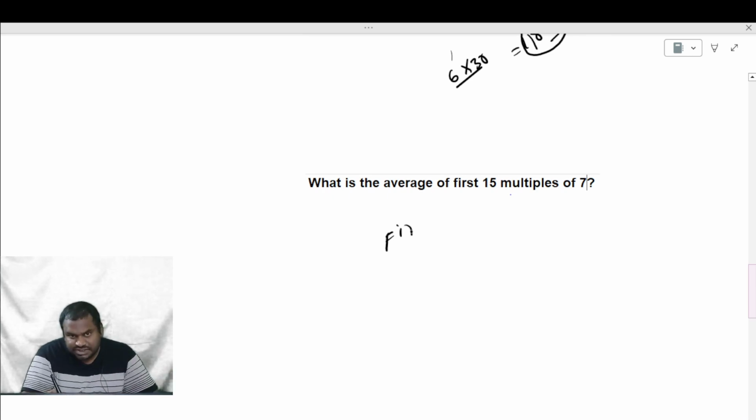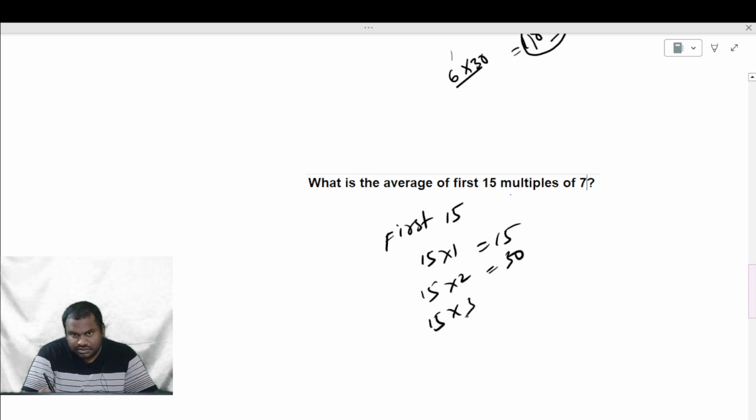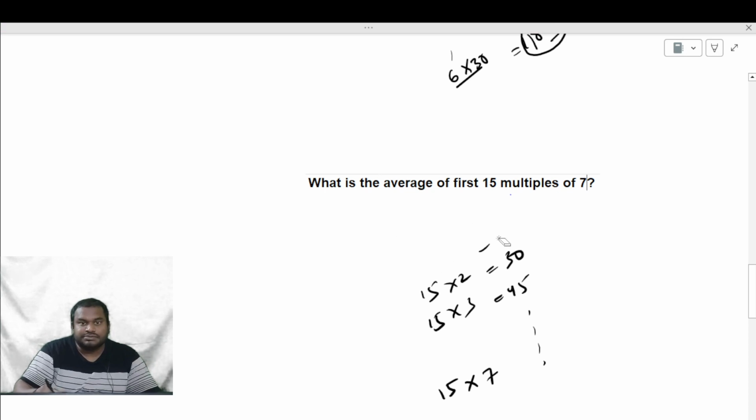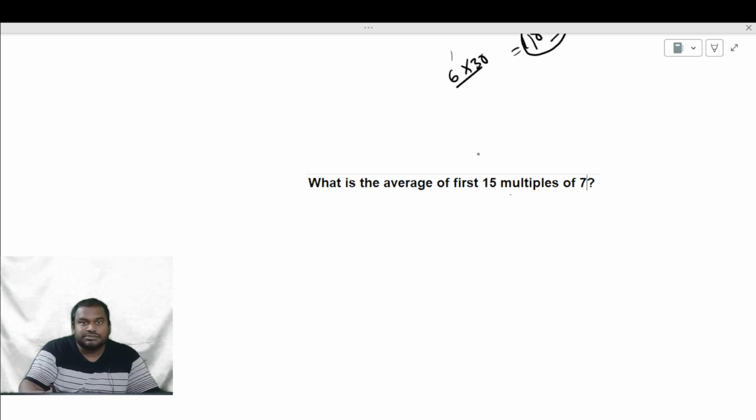He is saying first 15. In a general way, it is 15 into 1, 15, 15 into 2, 30, 15 into 3, 45. Sorry, mistake here. Multiples of 7, not 15, and up to 15 numbers. So what are the multiples of 7? 7 into 1, 7. 7 into 2, 14. 7 into 3, 21. Like this.